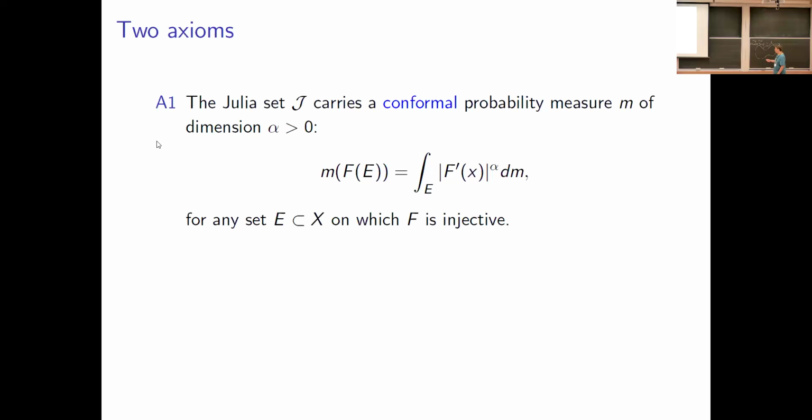This means that F prime to the alpha qualifies as the measure theoretic Jacobian of F, of M. More precisely, one asks the measure of F of E is given by this formula, provided that F is injective on E.